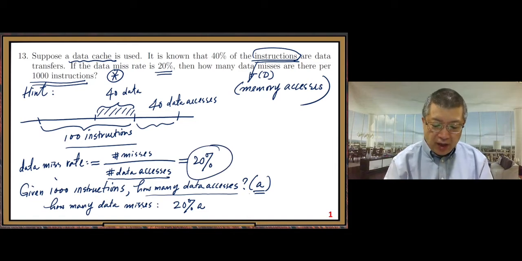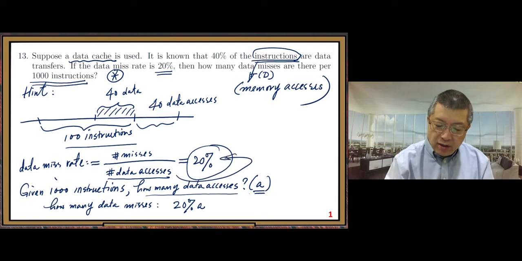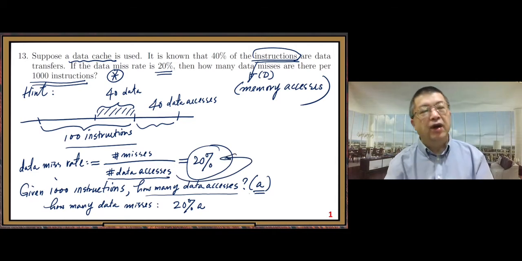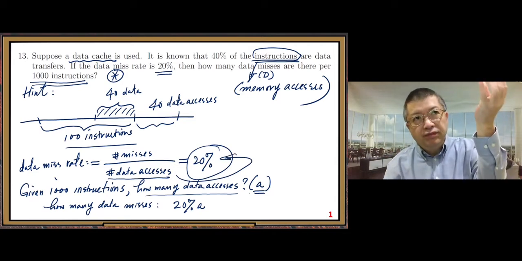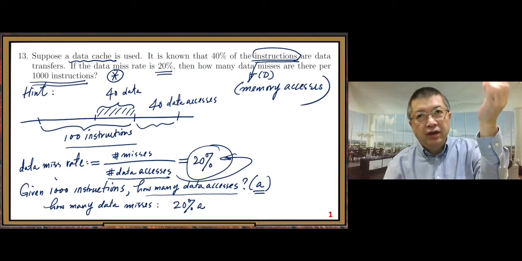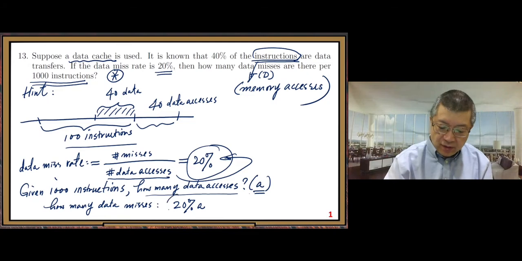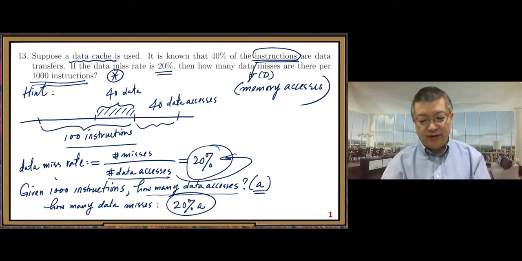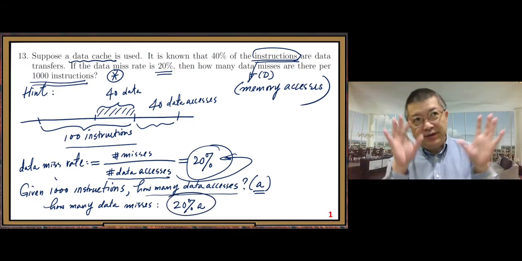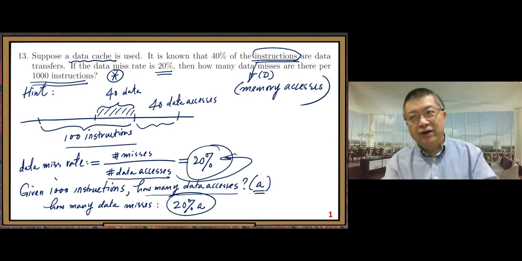The number of data misses equals the denominator multiplied by the ratio. Can you get this part?